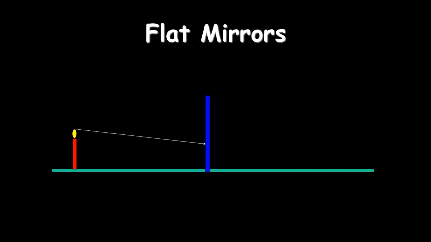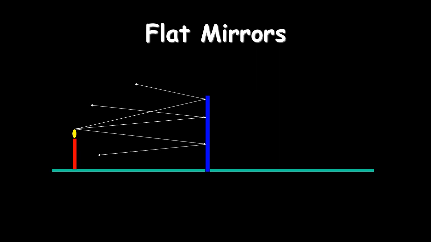How are images formed by a plane mirror? Let us consider a candle kept in front of a plane mirror. From there, three light rays come out and fall on the plane mirror. After reflection, they return back according to the laws of reflection.